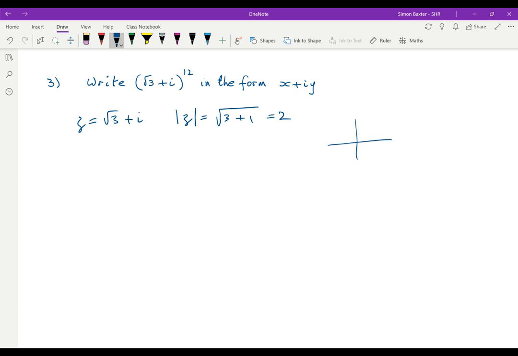The argument: root 3 along, 1 up, that angle is pi by 6. Tan of that angle is 1 over root 3, that gives you pi by 6.